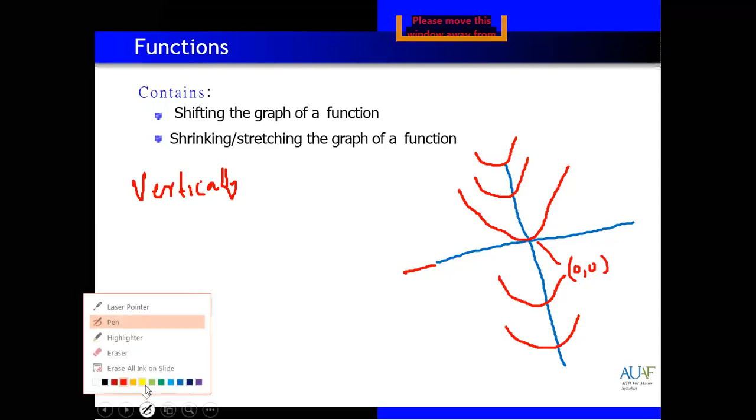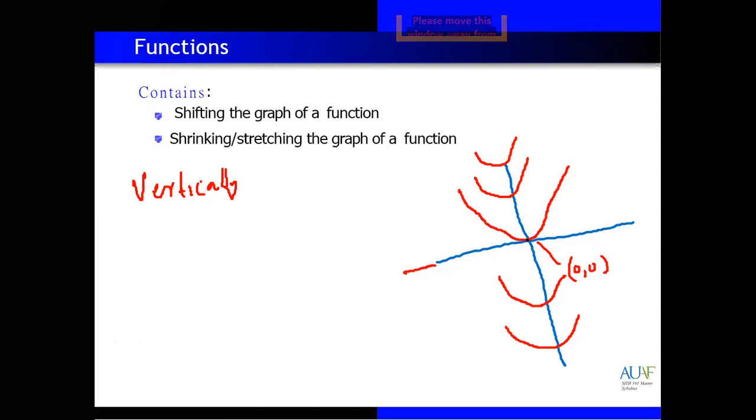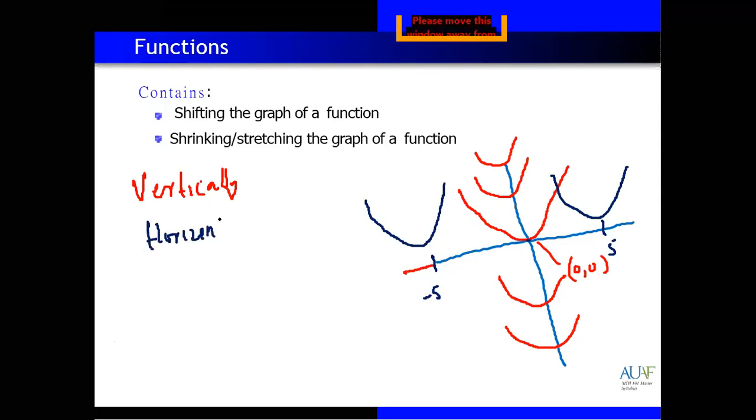For example, the graph starts from 0, this one. If I want to start the graph from plus 5, like this one, how can I shift? Or if I want to start the graph from minus 5, how can I shift? This is actually horizontal shifting. So there are two types of shifting graph, horizontally and vertically.